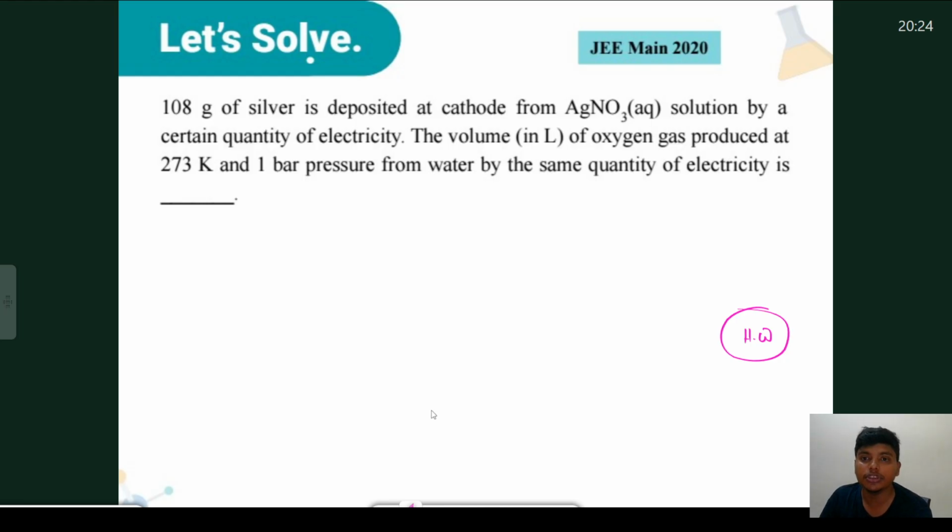Conceptual questions are there. Two questions will come from electrochemistry: one from the electrolytic cell and one from the voltaic cell. In the voltaic cell, a Nernst equation question or any conceptual question will be there. And in the electrolytic cell, a question from Faraday's equation or any cell question will be there. That you have to do.